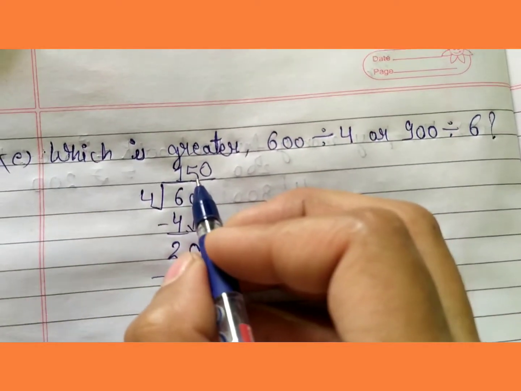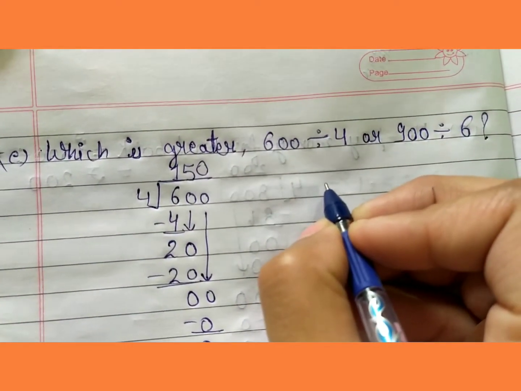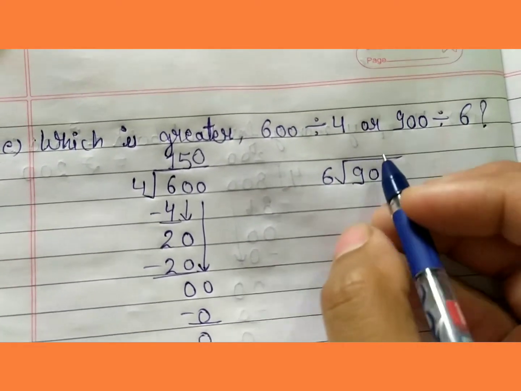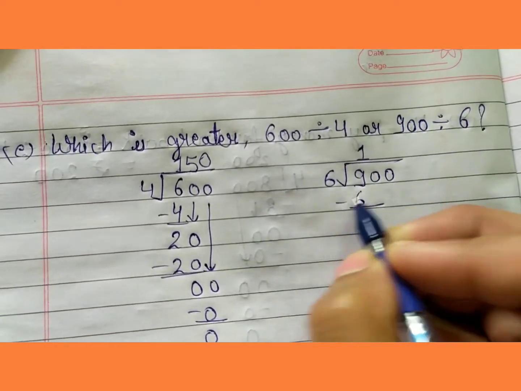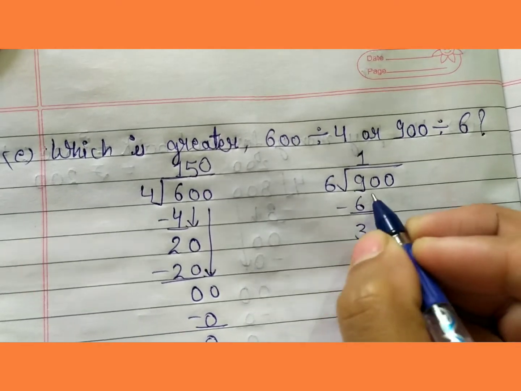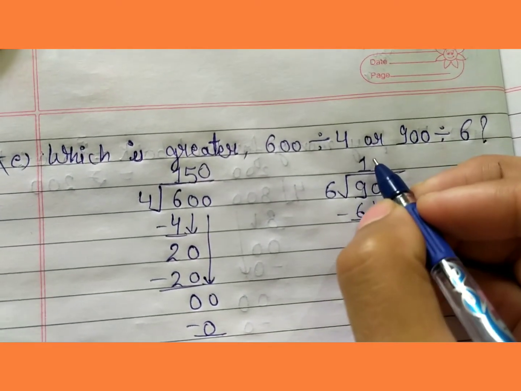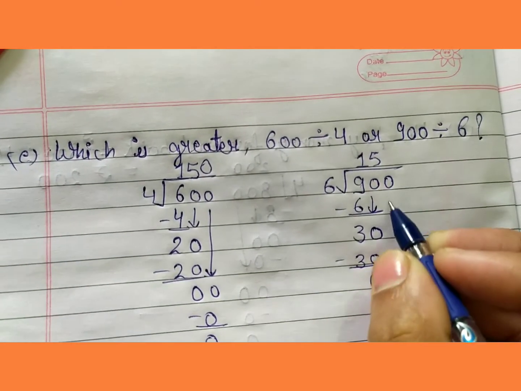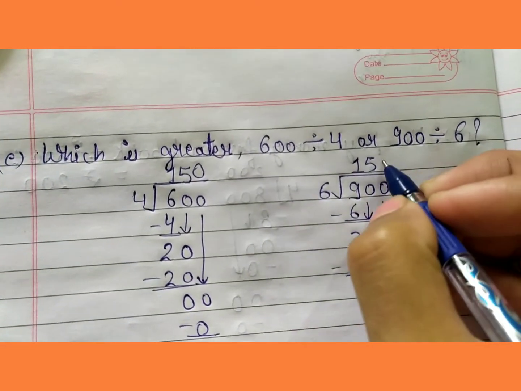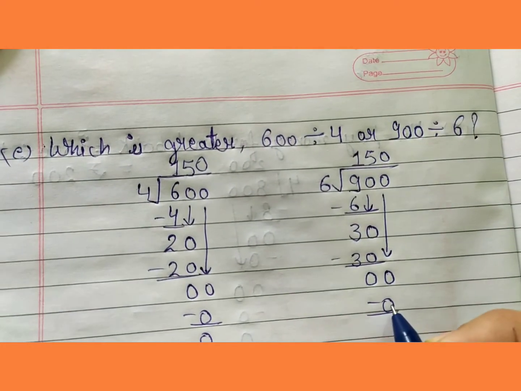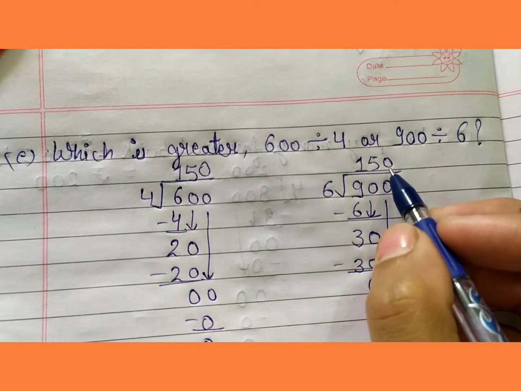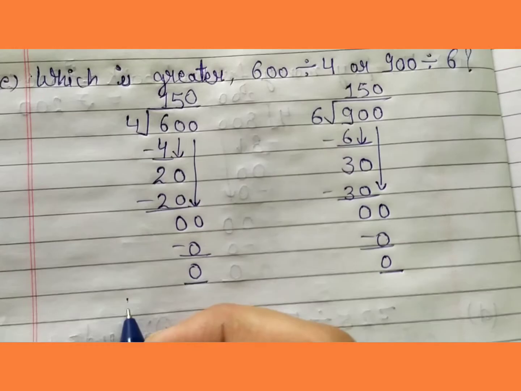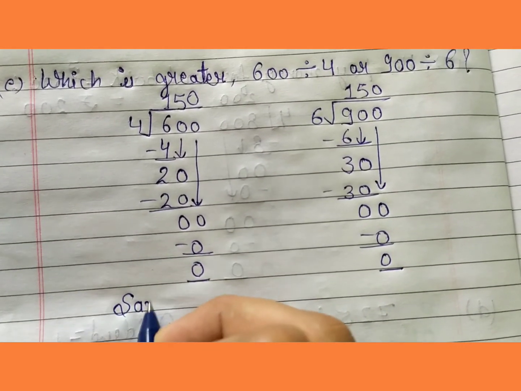Your answer is 150. 900 divided by 6. 6 ones are 6. 9 minus 6 equal to 3. Write 0. 6 5s are 30. 30 minus 30 equal to 0. Write 0. 6 zeros are 0. 0 minus 0 equal to 0. Your both answers are 150. Your answer is same.